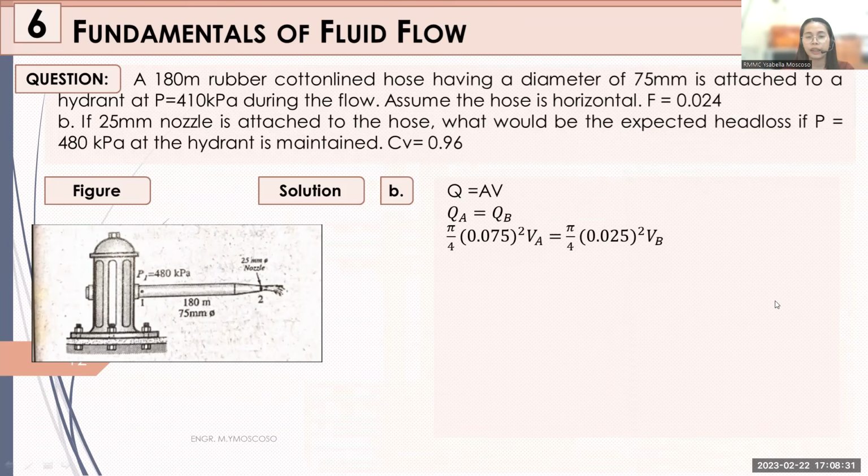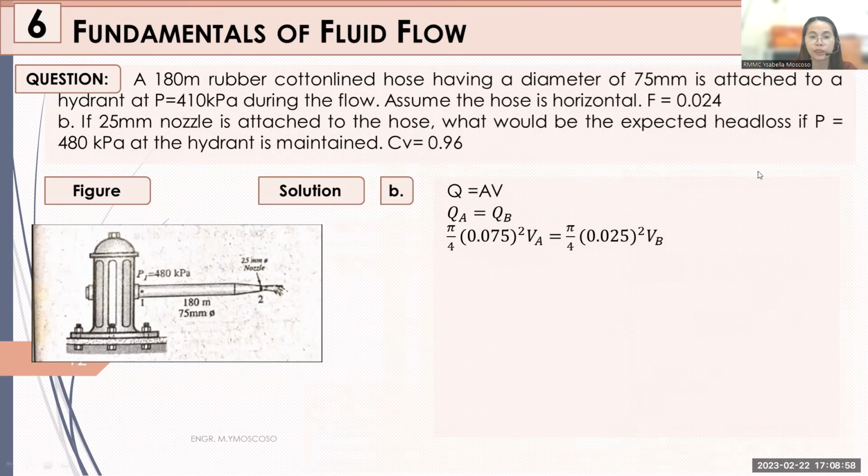Kasi sabi ko kanina, kapag nozzle, pwede niyang mamanipulate yung lakas ng pagbuga ng tubig ninyo or yung speed ng paglabas ng tubig ninyo. Diba sabi ko sa inyo during our face-to-face class, even if lumiit yung diameter, but the flow of the fluid at a specific time is equal, therefore, papasok pa rin siya sa continuity flow ninyo.